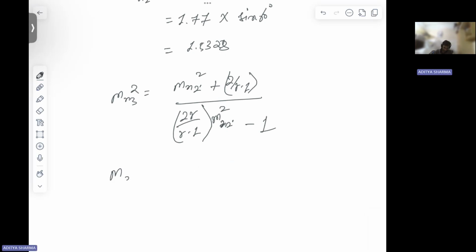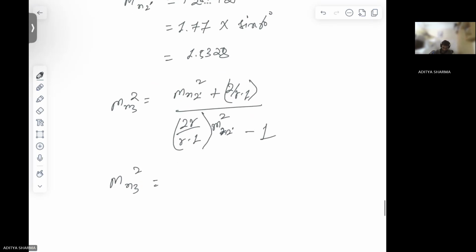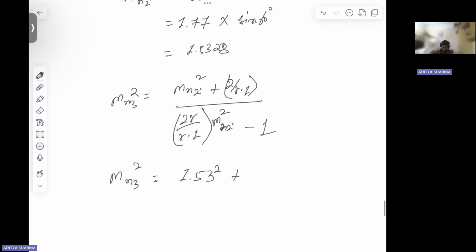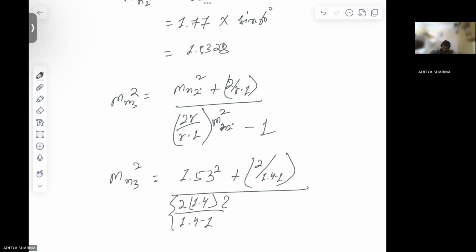Now Mn3 square is equal to 1.53 square plus 2 by 1.4 minus 1, divided by 2 into 1.4 by 1.4 minus 1, times Mn2 dash square, which is 1.53 square, minus 1.